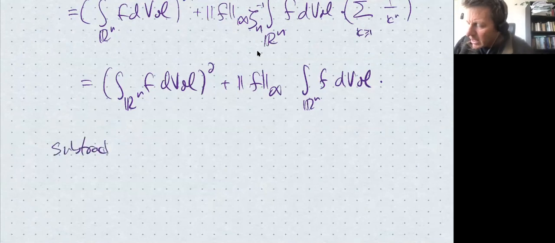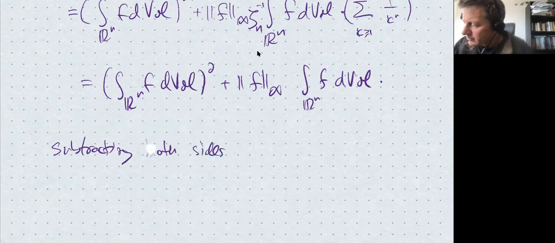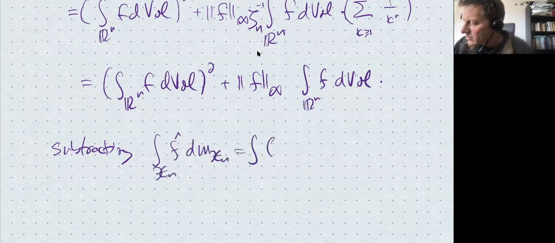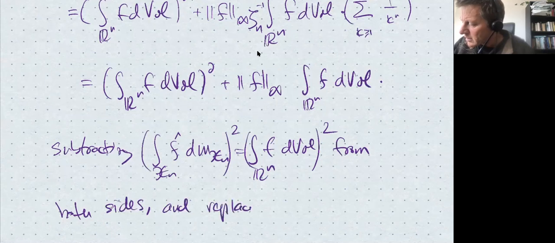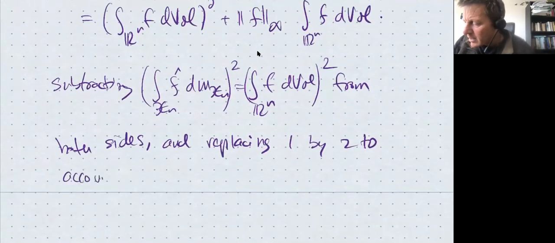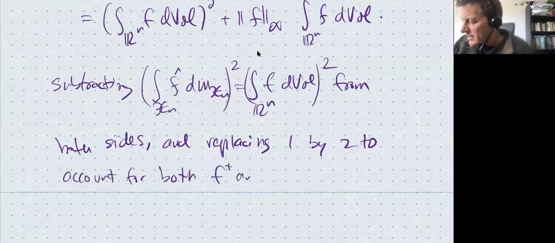Subtracting the integral of f hat, which is the same as the integral of f squared for both sides, and replacing 1 by 2 to account for both f plus and f minus, we get the conclusion.